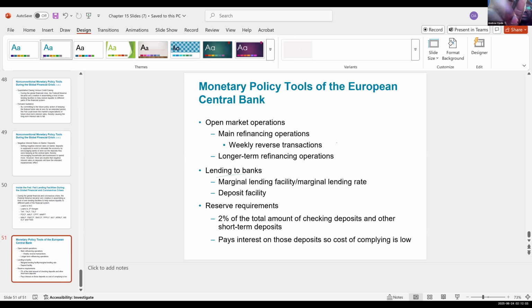Reserve requirements are only 2% of the total amount of checkable deposits; in the United States, it could be a little higher. They also pay interest on those deposits, so the cost of compliance is low. So when banks deposit money with the European Central Bank, they're going to be paid what? Interest on those funds.